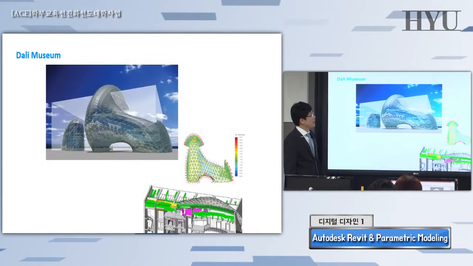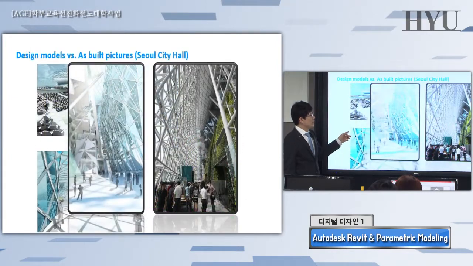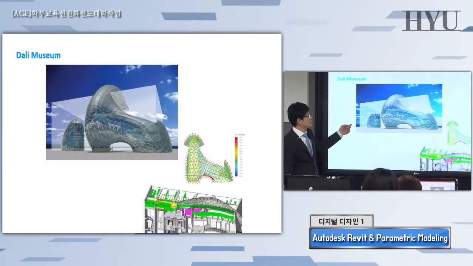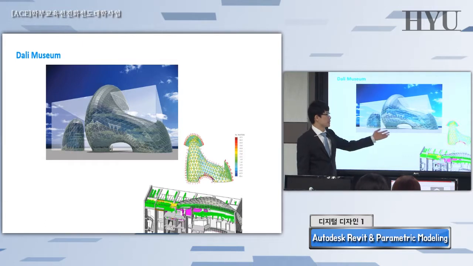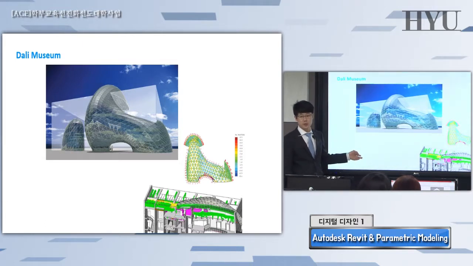That's the point. And I would like to show you another example. This example is kind of not a good case, okay? But this one is a good case. This is the Dali Museum at Los Angeles, and the project was handled and designed by HOK.